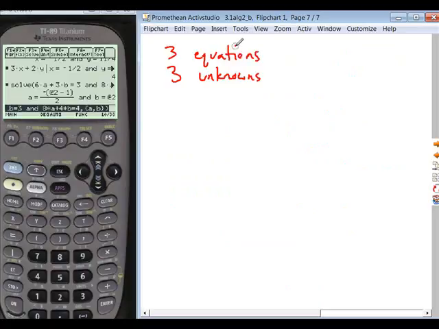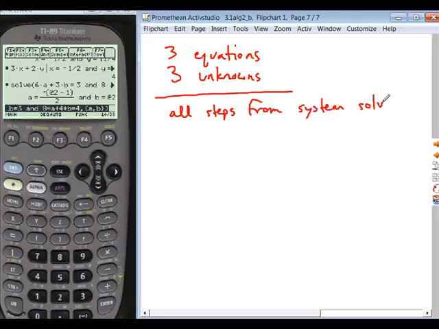If you have 3 equations and 3 unknowns, you're going to do the exact same thing, but you have to add one thing, and that is you have to add in the third variable, which will usually be a z.